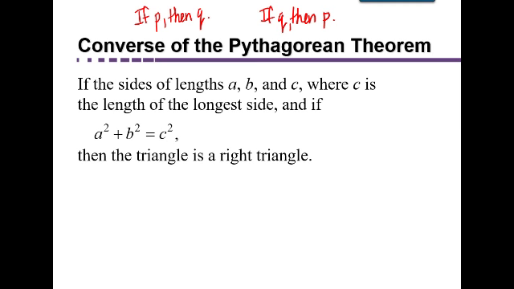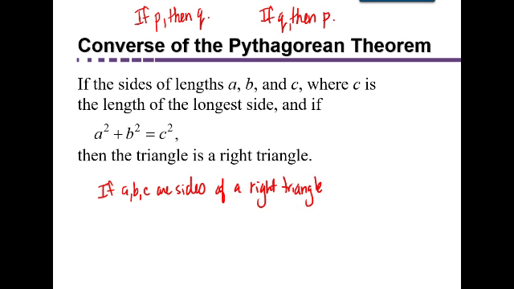So the Pythagorean theorem says that if you know the sides of a right triangle are a, b, and c, then a squared plus b squared has to equal c squared. So that's an if-then: if a, b, and c are sides of a right triangle, then a squared plus b squared is equal to c squared.